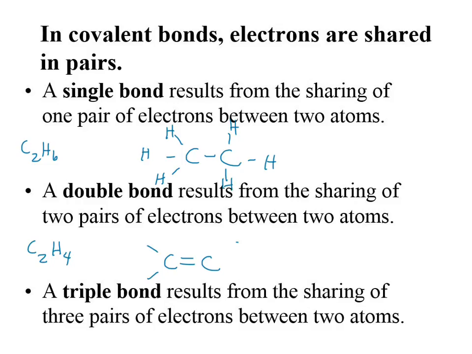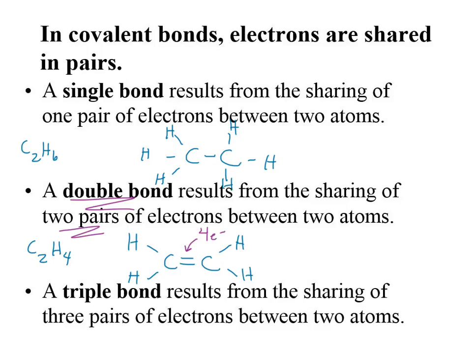So each carbon now only has room for 2 hydrogens, not 3 hydrogens. So this right here, the double dash, is a double bond. And it has 2 pairs of electrons. And 2 pairs means 4. Cool.